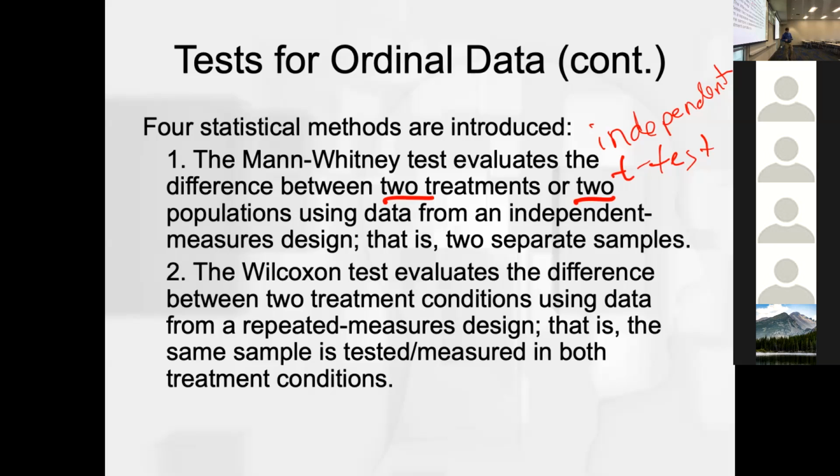The Wilcoxon test evaluates the difference between 2 treatment conditions using data from a repeated measures design. So again, that is the same sample is tested and measured in both treatment conditions.